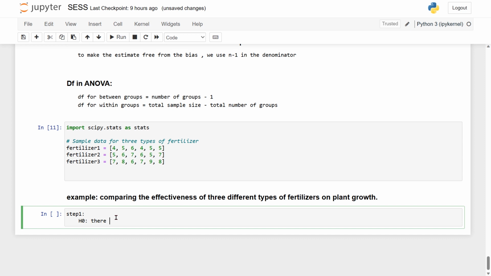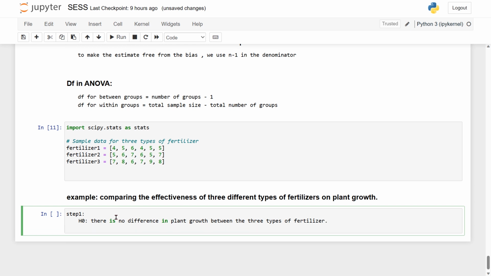That's our null hypothesis. There is no difference.